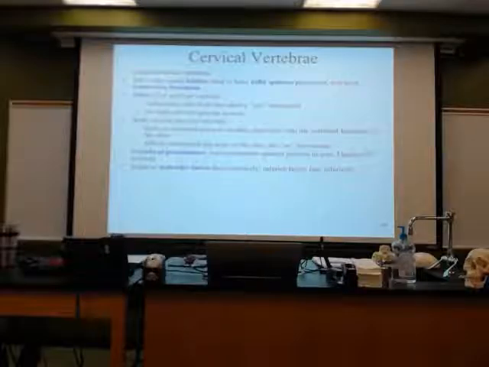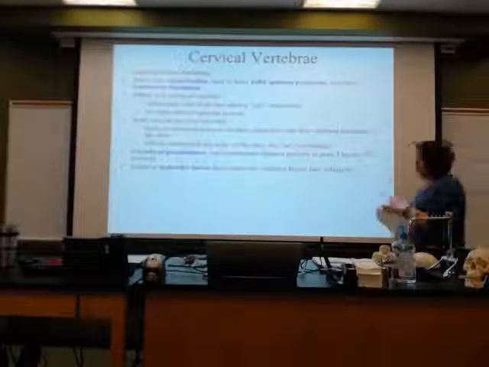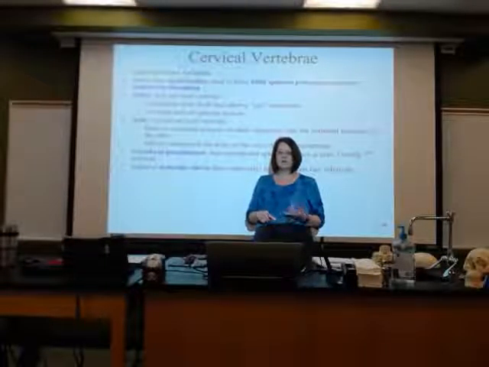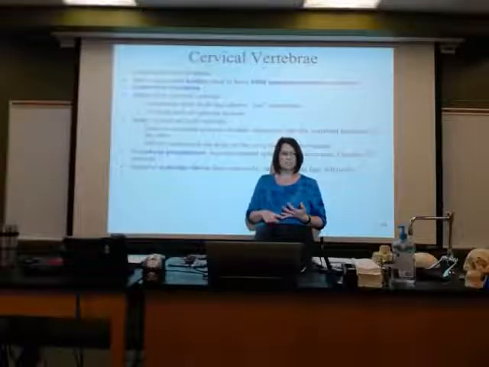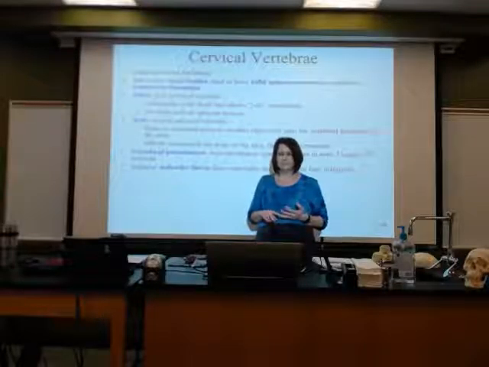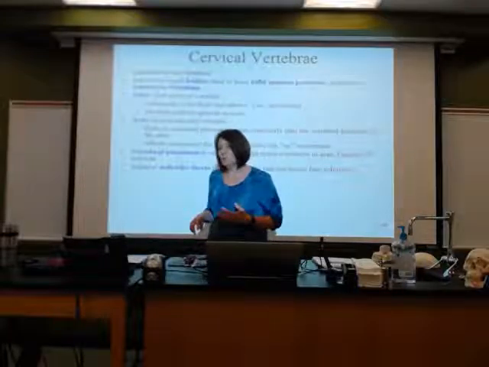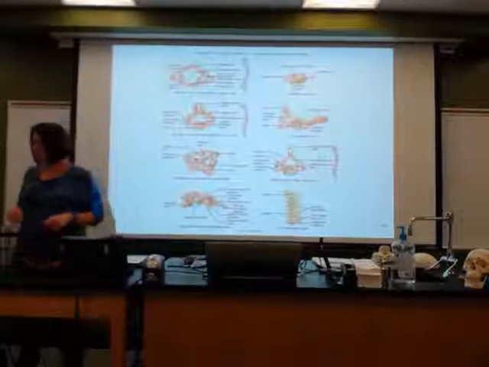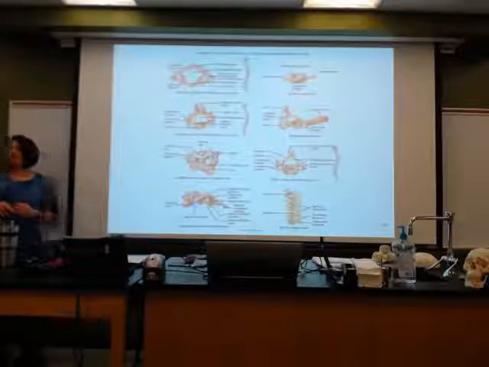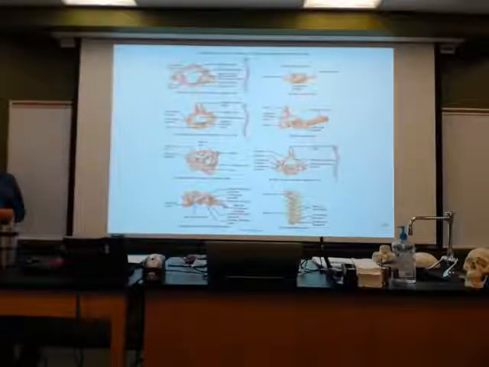So if I want you to give me their names, and I have C1 laying out, I want you to tell me it's the atlas. If I have C2, I want you to tell me it's the axis. Okay? The C1 and C2, their shape is the reason that we can take our head, yes, no.